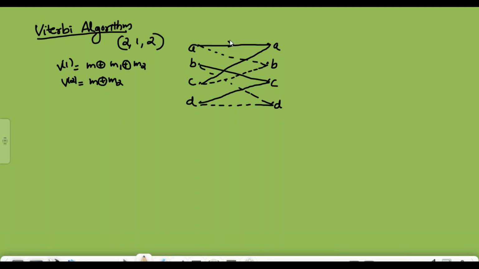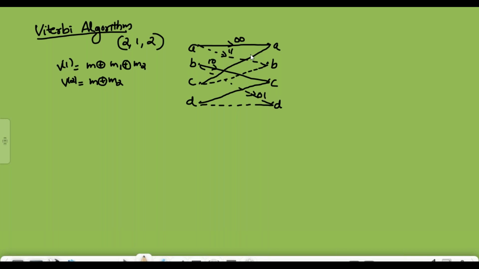Here the solid line represents that the input bit is 0, and we write along that the output bits, here two output bits. Here it is 1 1, and here it is 1 0, and from B to D 0 1.